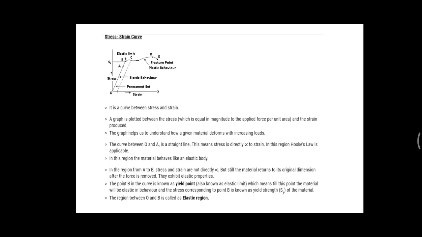And on the addition of load, what would be the major observations? These things can be explained very well with the help of a stress strain curve.